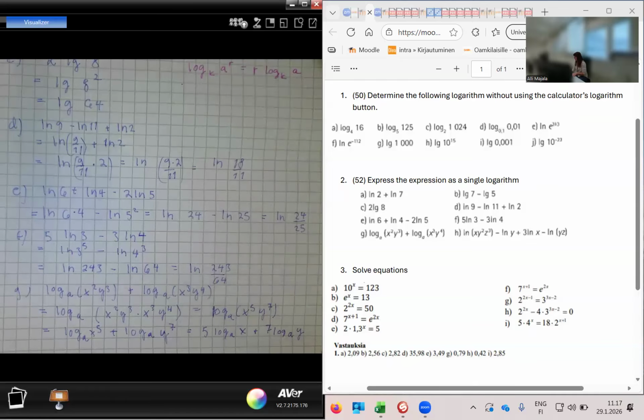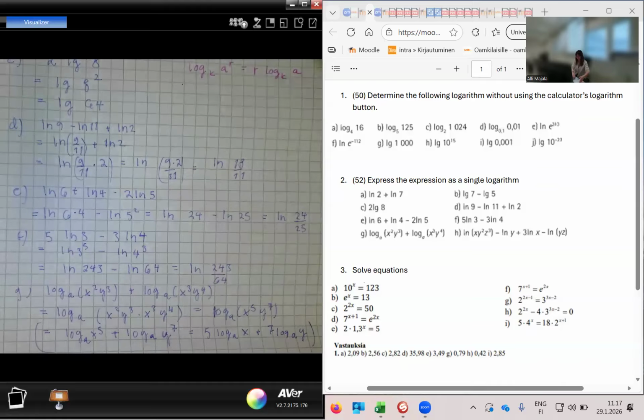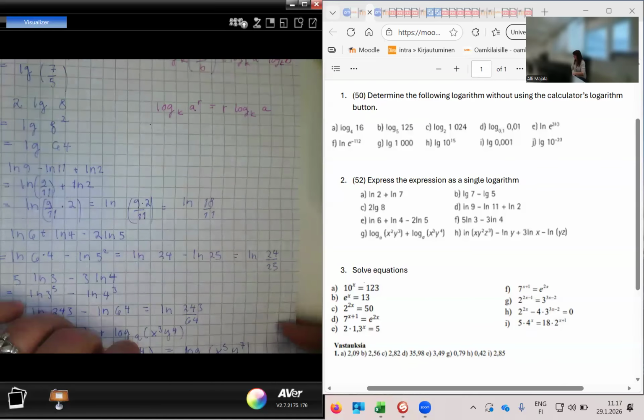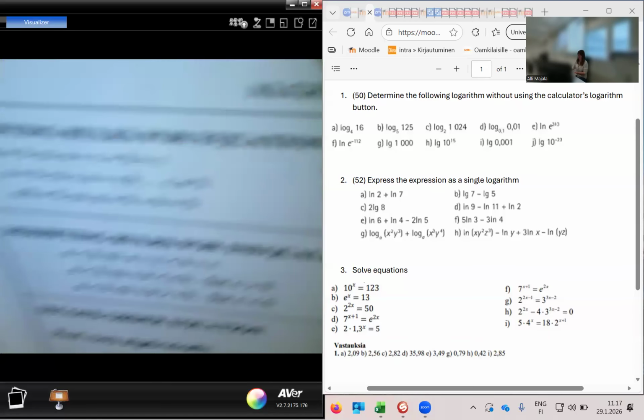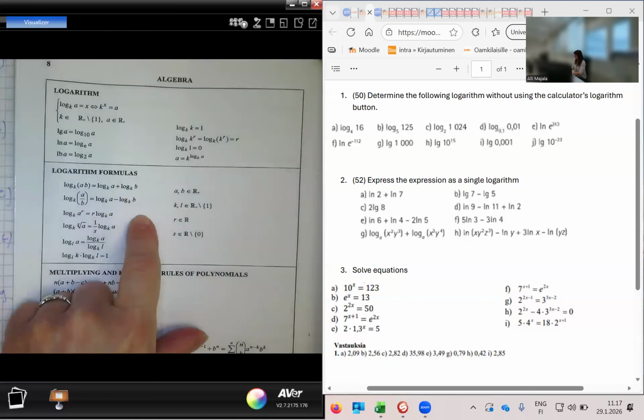It doesn't look any nicer. Don't do this maybe. Okay. So this is just using these rules that are there. These are the first ones.